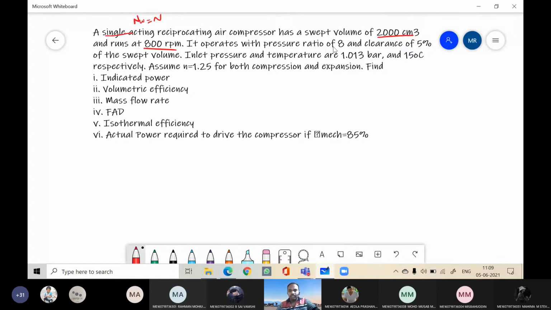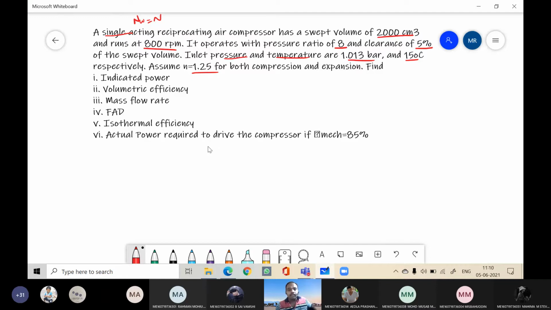It operates with pressure ratio P2 by P1, that is delivery pressure to the suction pressure, given as 8, and clearance is 5% of the swept volume, and inlet pressure and temperature are given, with temperature 15 degrees centigrade. N value is the same for both compression. Find indicated power, volumetric efficiency, mass flow rate, free air delivered, isothermal efficiency, actual power required.